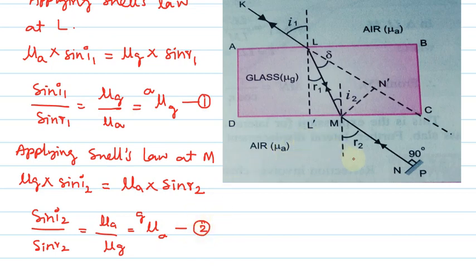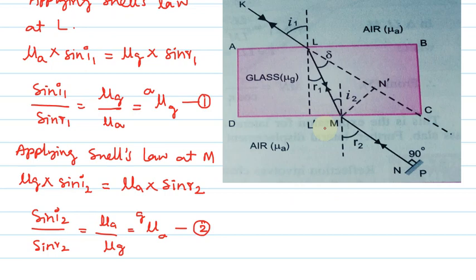Now, according to principle of reversibility of light, when the final path of a ray of light after any number of reflections and refractions is reversed, the ray retraces its entire path. So this is called principle of reversibility.